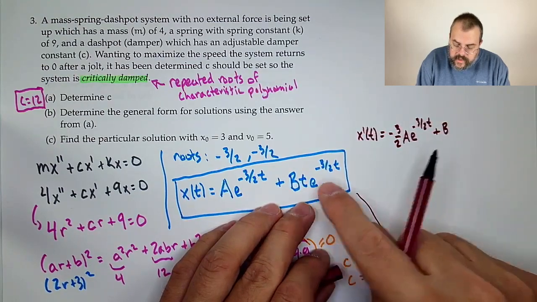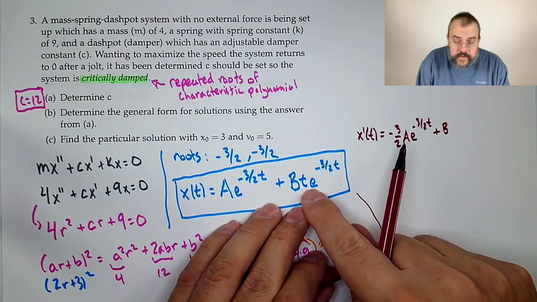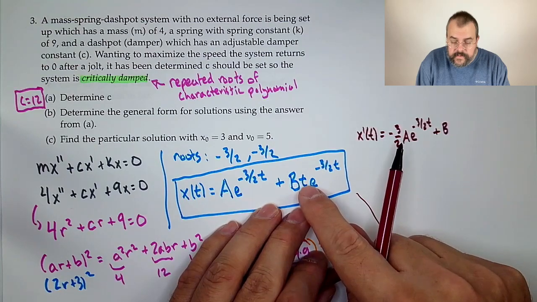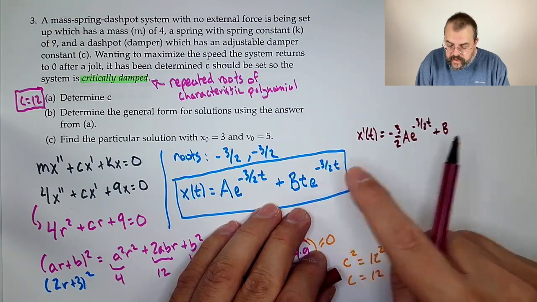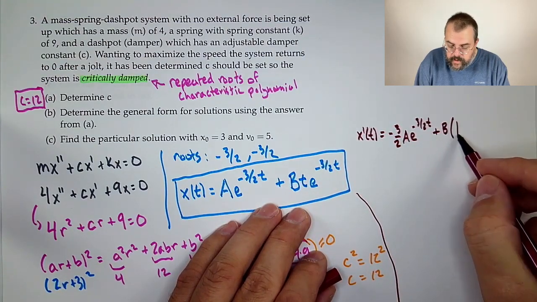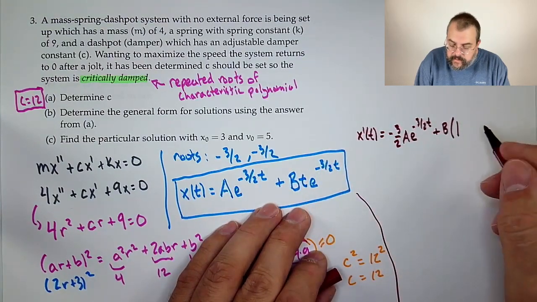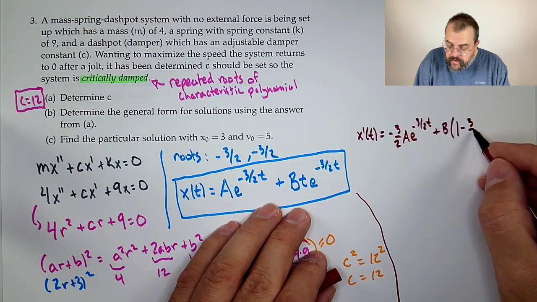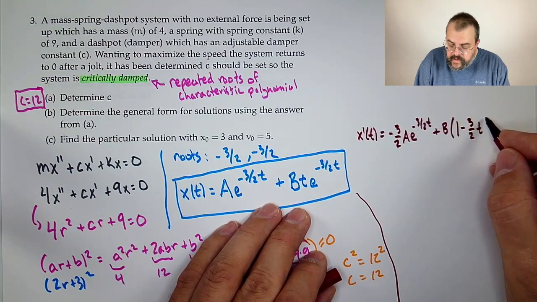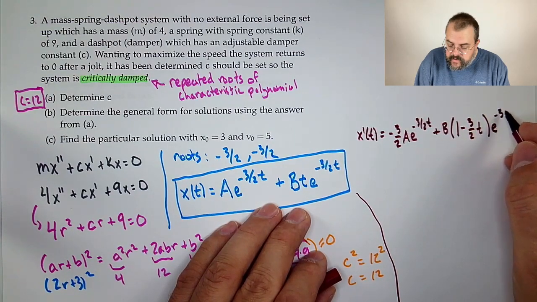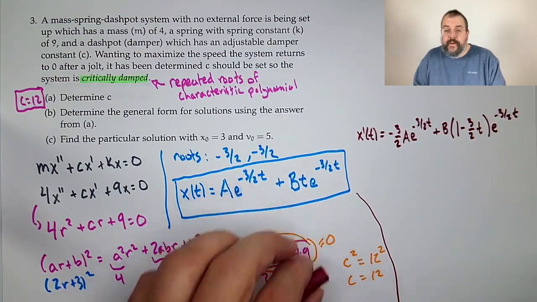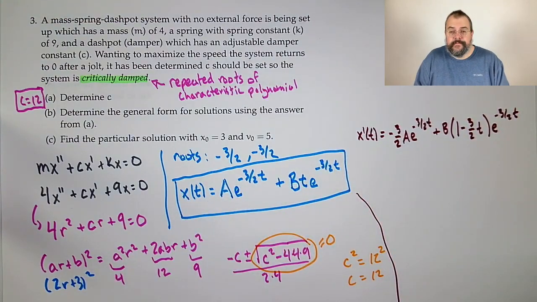Now, we're going to do a product rule. So the derivative of the first is 1 times the second. So we'll have 1. And then when we take the derivative of the second, a minus 3 halves comes down. So minus 3 halves t, and that'll be e to the minus 3 halves t. Okay, so that's the derivative.